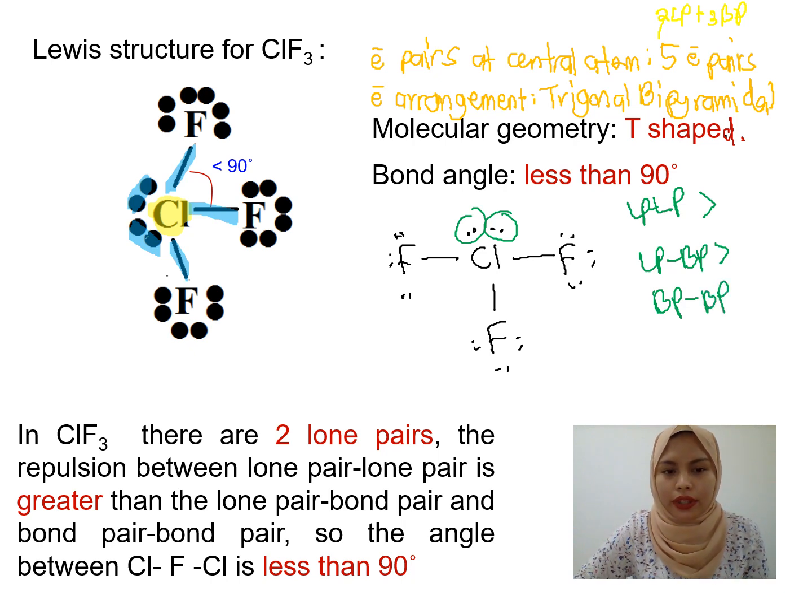Okay, so if you look at ClF3, Cl ni ada 2 lone pairs. So therefore the repulsion between the lone pair is greater than lone pair bonding pair dan greater daripada bonding pair. So that's why the bond angle of FCl is actually less than 90 degree.